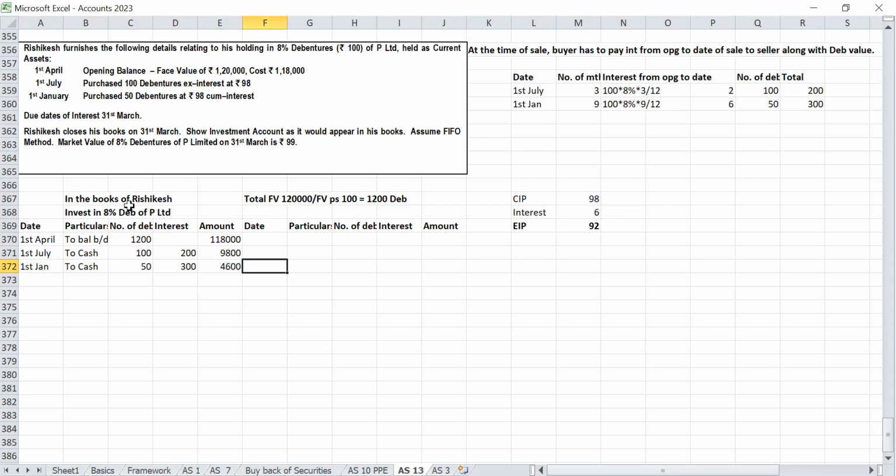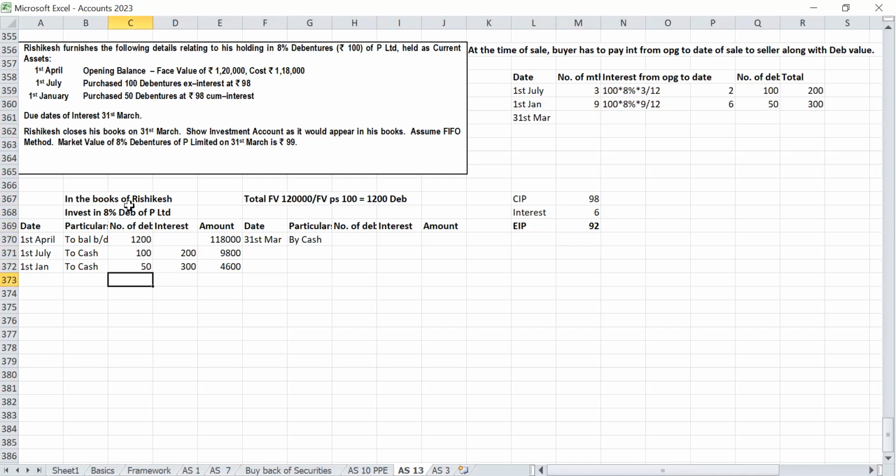Okay, then due date. What is the due date? Due date of interest is 31st March. On 31st March, company will pay interest by cash. How much interest? Company will pay interest for total debentures in hand. How many debentures are you having?